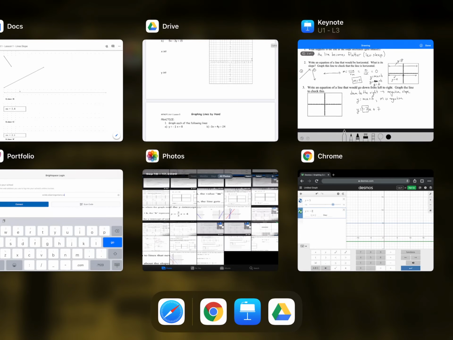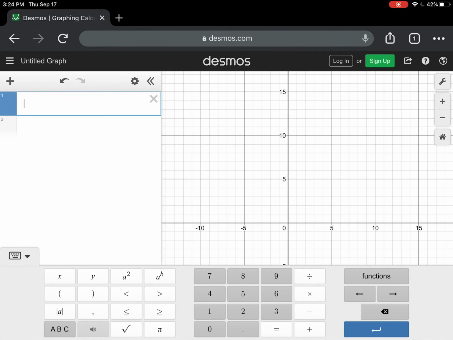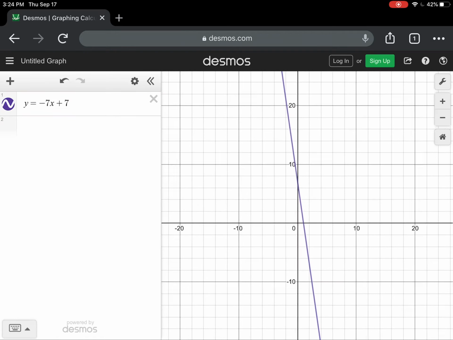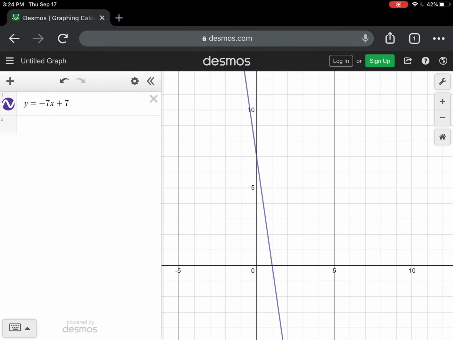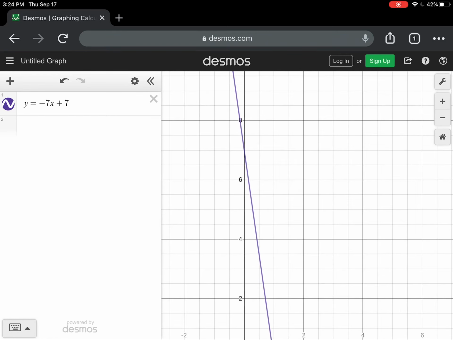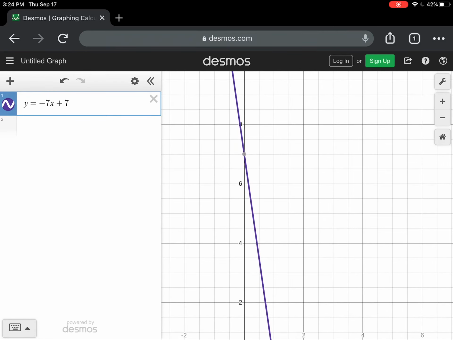So let's graph it just to double check. All right, y equals -7x plus 7. And as you can see, just like I said, it's going down to the right. It's pretty steep because it has a slope of 7. And because it's adding 7, our y-intercept is at 7.